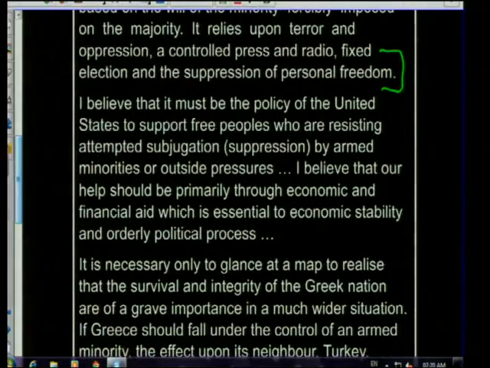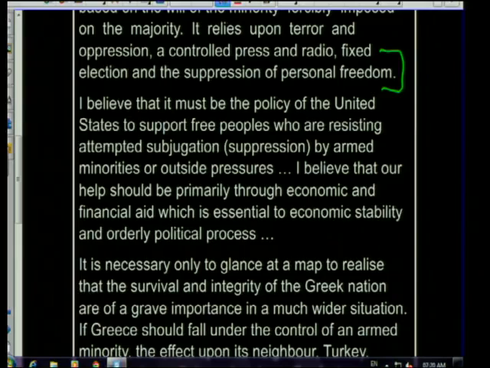And remember, this is still part of the speech. And then he carries on to say, I believe that it must be the policy of the United States to support free peoples who are resisting attempted subjugation. That should be a clue as to what President Truman thought of the second way of life.